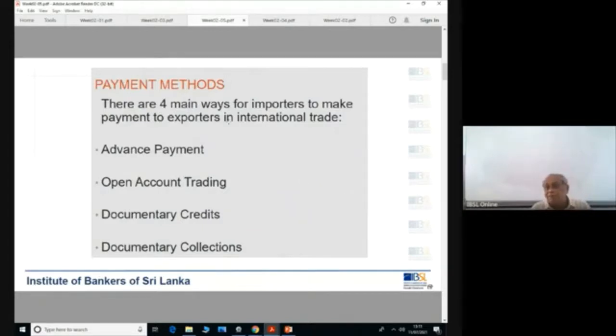There are 4 main payment methods to make payments to the exporters. One is advance payment, another is open account trading, the third is documentary credits, and the fourth is documentary collections. Those are the 4 main payment methods.